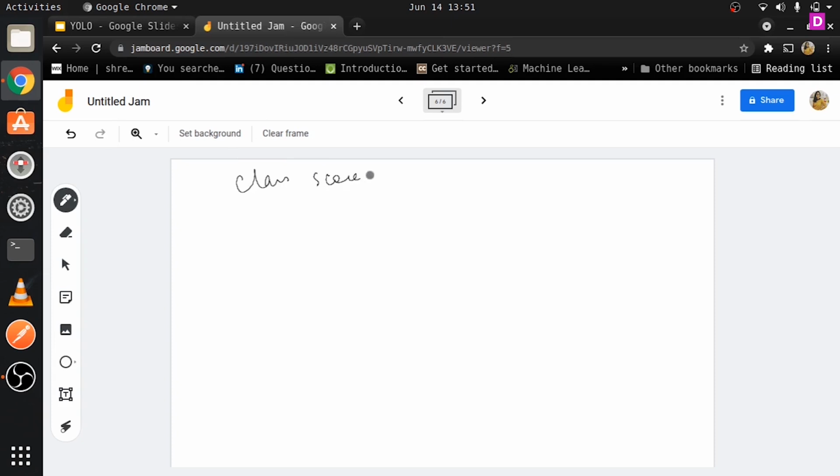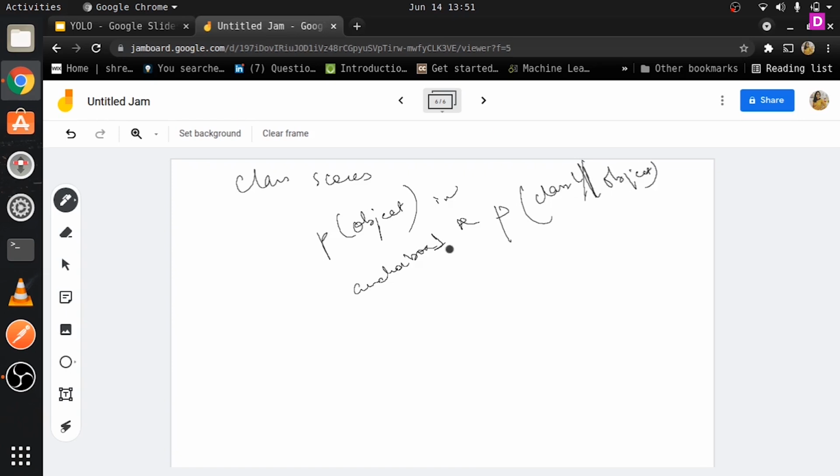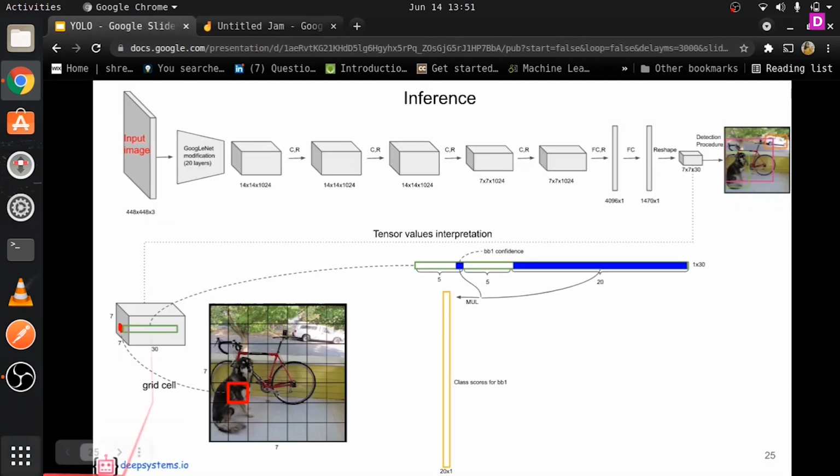So class scores are basically the probability that there is an object in anchor box 1, multiplied by the probability of class 1 given object. Let's suppose class 1 is dog. So this comes out as the probability that there is an object in anchor box 1, multiplied by the probability that there is a dog if there is an object in bounding box 1. Alright, so that is basically what this means.